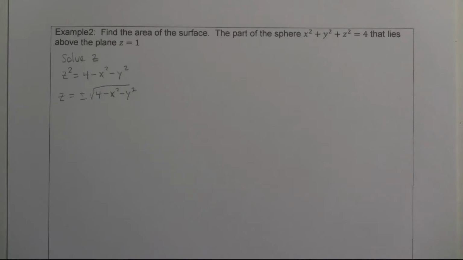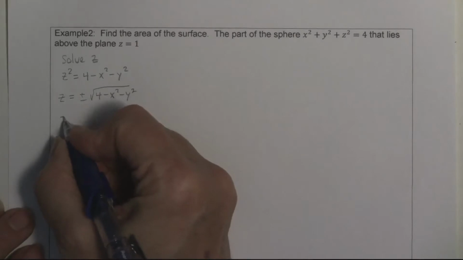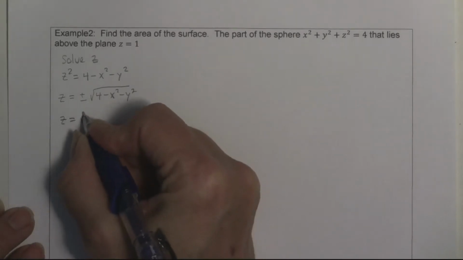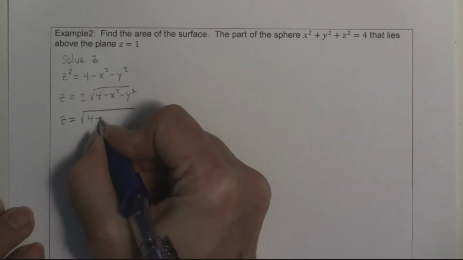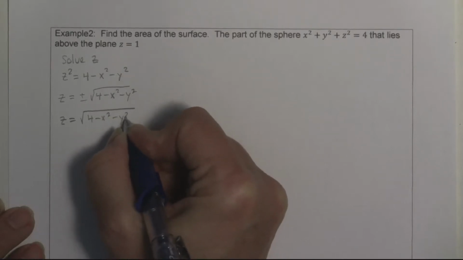If we're going above the plane z equals 1, then we would be looking at the part that's positive. So this would be z equals the square root of 4 minus x squared minus y squared.